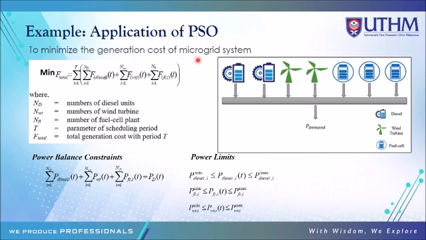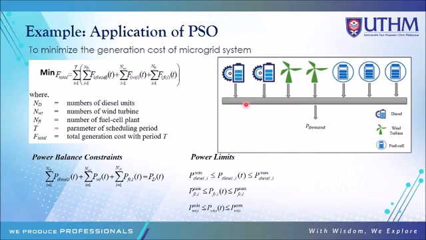Let's say we have a microgrid system. Try to imagine we have generator 1, generator 2 from the fuel cell, for example, and then we have a wind turbine, and then we have a diesel generator. We try to determine the best power output for these generators.